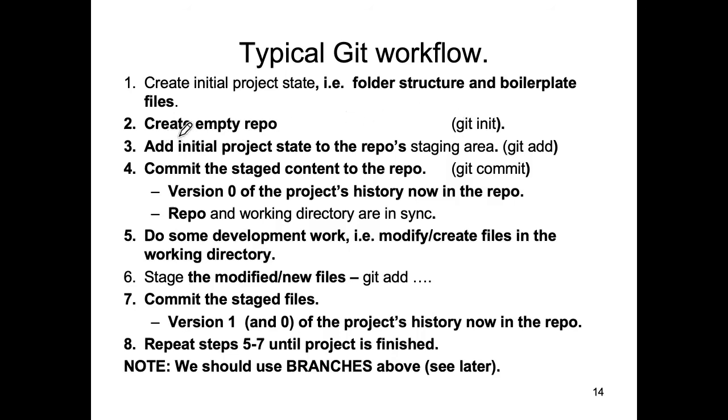Number 3, then you add the initial project state, all the files and folders that you set up here. You add those to the repository, although I'm saying here, you add them to the repository's staging area. This is harping back to what I was saying on the previous slide.